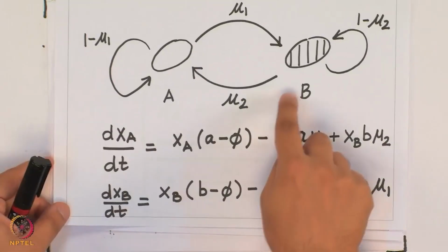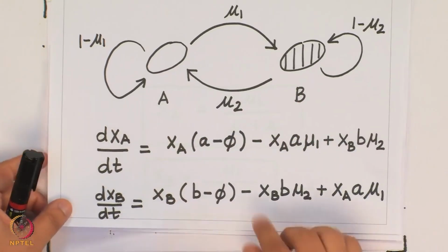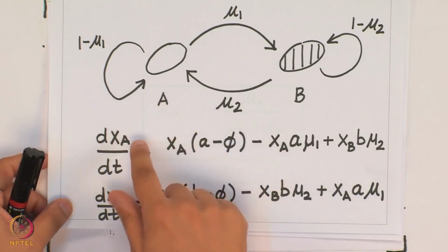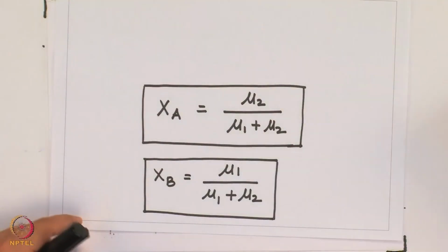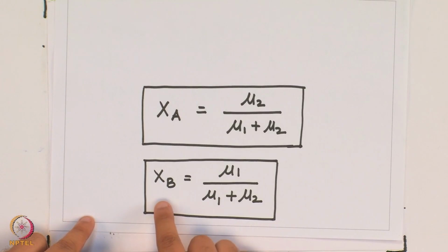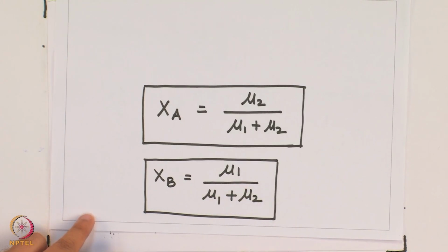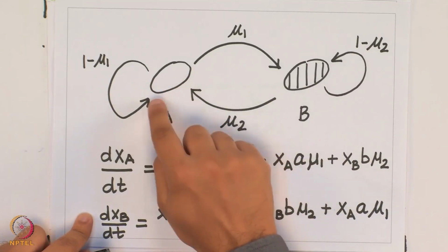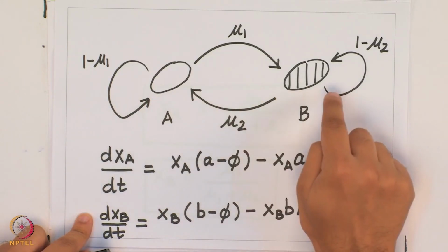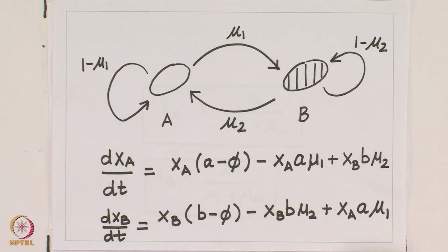So, the higher the rate at which genotype B makes errors while replicating, the higher is the frequency of individuals which belong to genotype A. Similarly, the frequency of individuals belonging to genotype B is dependent in the numerator on mu 1, which is the error that is being made by genotype A individuals when they are copying their DNA and eventually ending up as genotype B. So, this again makes a lot of physiological sense.